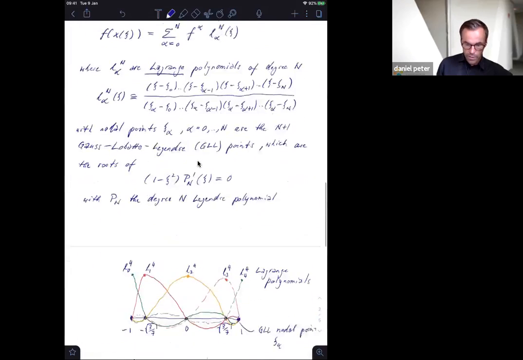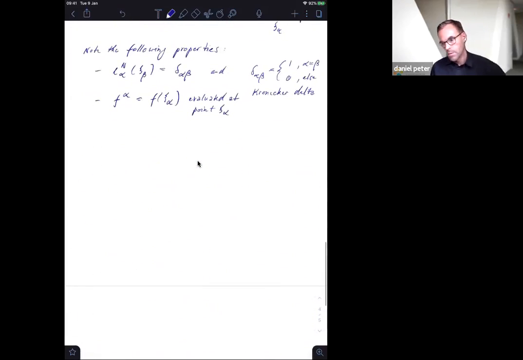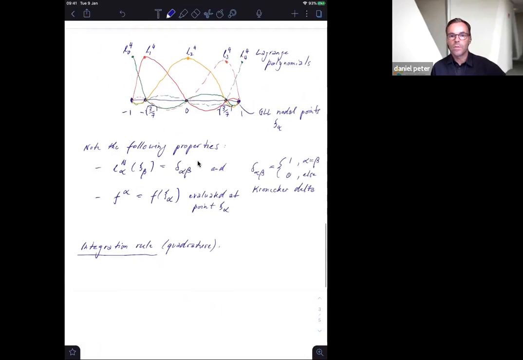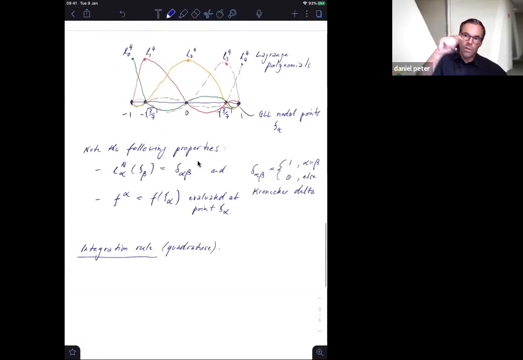And for that we use a specific integration rule, also called the quadrature. We use these GLL points for our quadrature as well. The nodal points that we use for the Lagrange polynomials, we're also going to use for our integration rule.